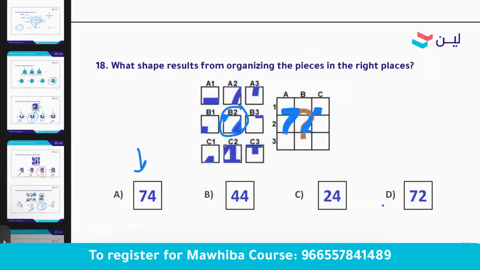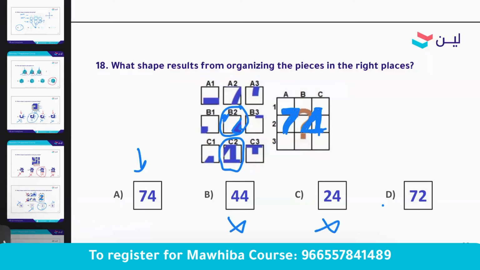Let me go to the C2 in order to settle everything. What about the C2? It's obviously over here, the 4. Here it is. Do I need to continue the shape? Boys and girls, at this point, it doesn't make sense that we complete the shape because it doesn't matter even if I continue it.